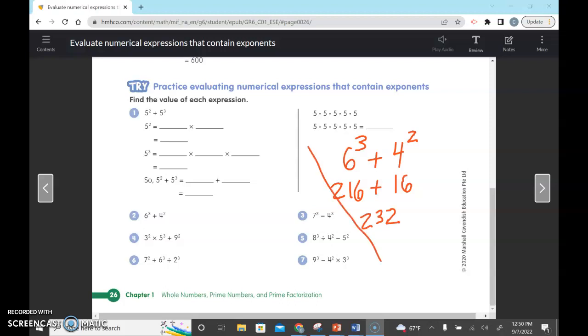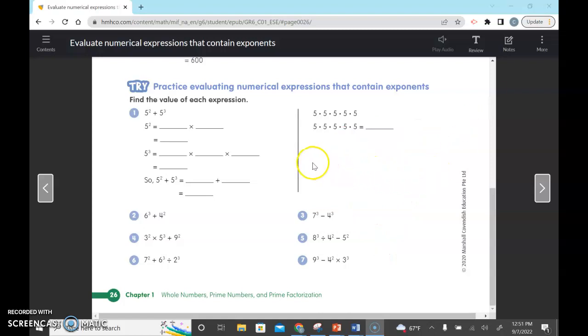Now you can see that kind of makes like a slice of pizza there, okay? And the longer these problems go, the bigger slice of pizza you'll have there, okay? So that's how you do order of operations there. And let's take a look at number 7 there. So the first thing with these types of problems, you always want to write the number out.